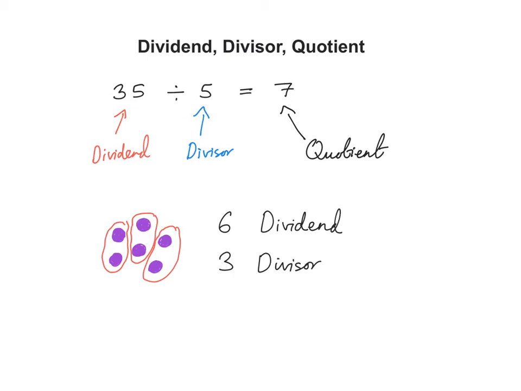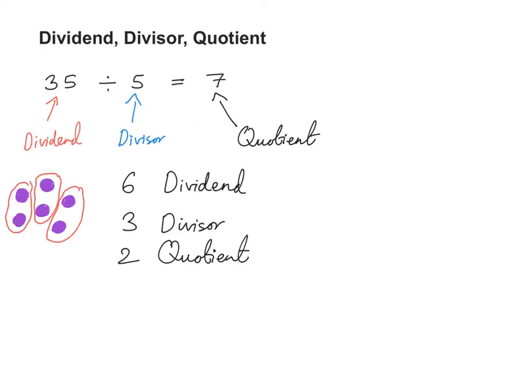And the answer you got, the number of balls in each group, is your quotient. So this is now a visualization of the dividend, divisor, and quotient.